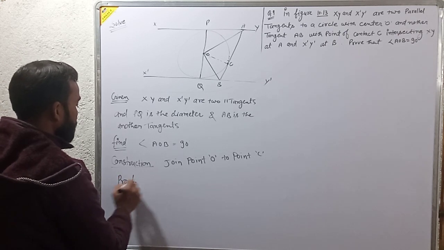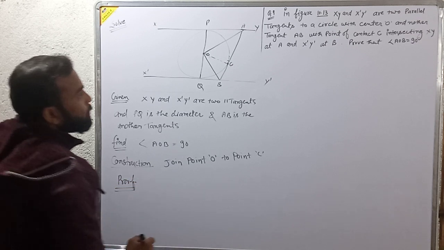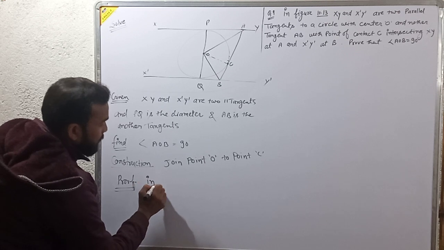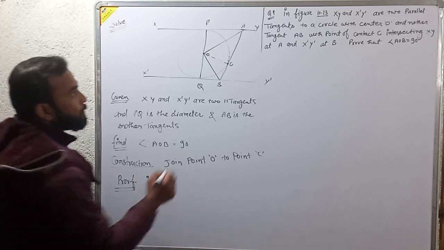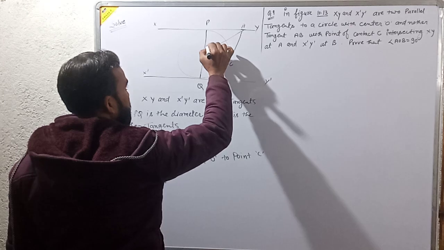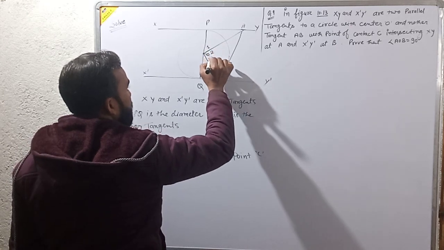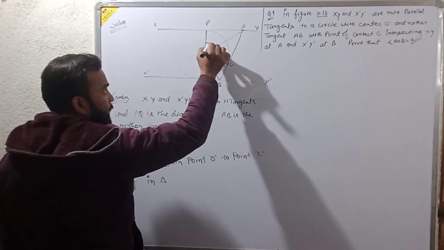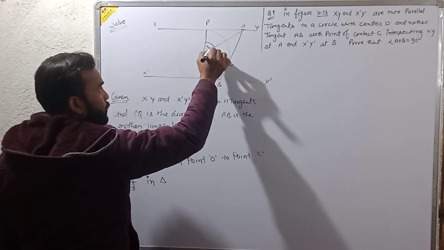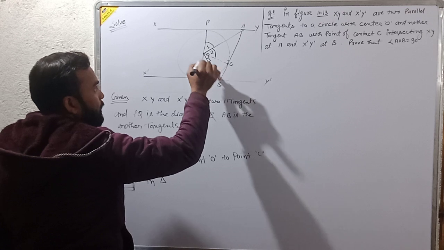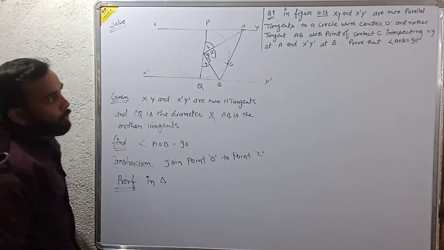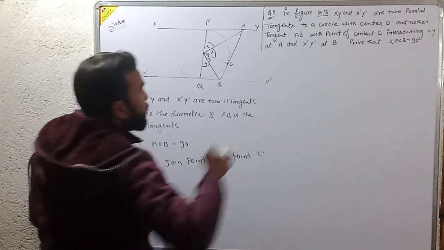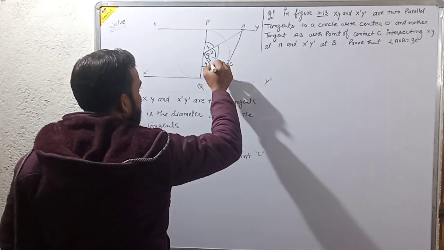Proof. Now let us suppose this is angle 1, angle 2, angle 3 and angle 4. Clear? And we have to find angle 2 plus angle 3.